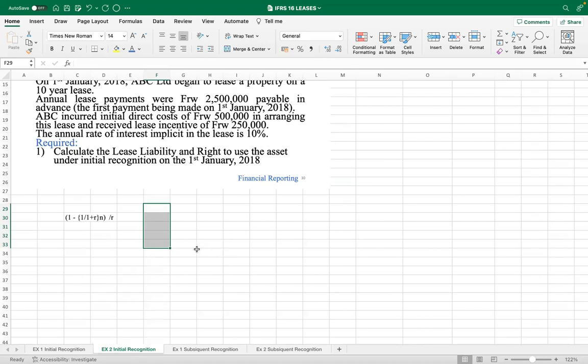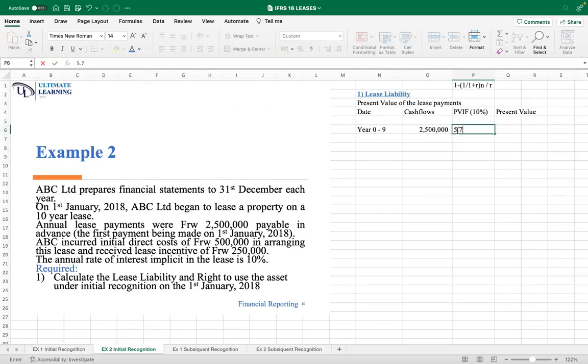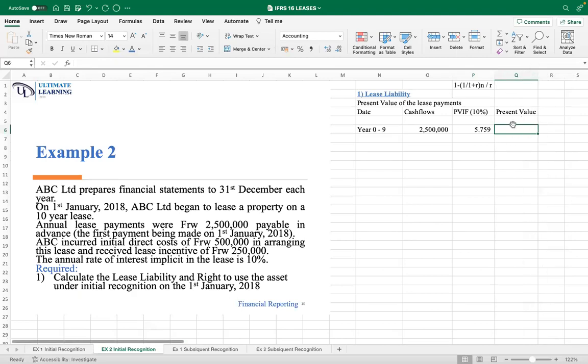Daniel, using Excel is challenging to me. So yes, you apply that formula, and if we apply that formula, it is 5.759. Thank you. That is how we calculate the annuity. I've used a calculator and I found that.